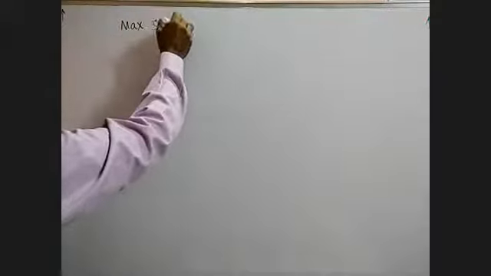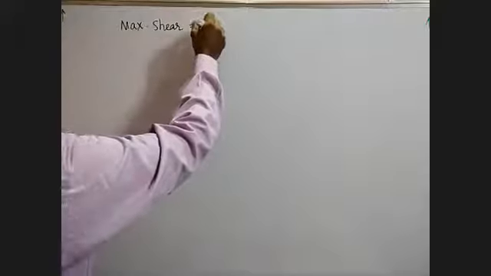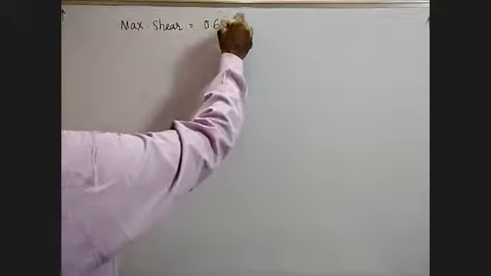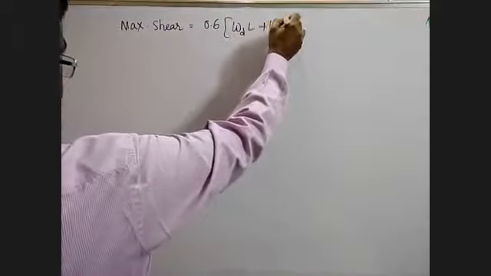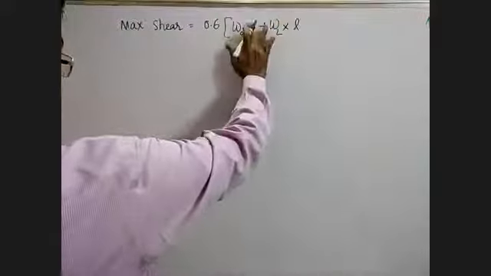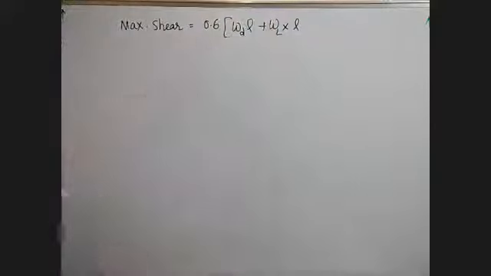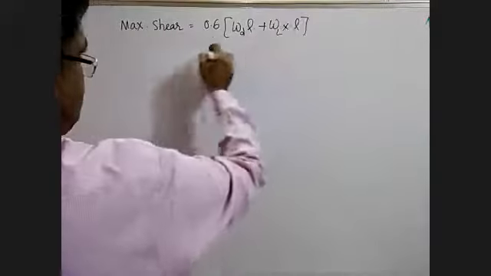And of course the shear also, you will get the maximum shear. There are 4 cases in that also. 0.6 into WDL plus WLL into L. Here you get the maximum positive shear.